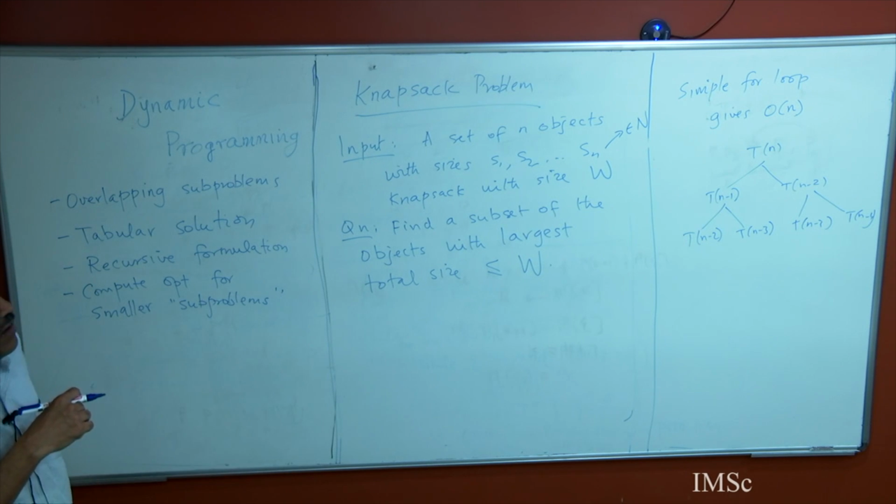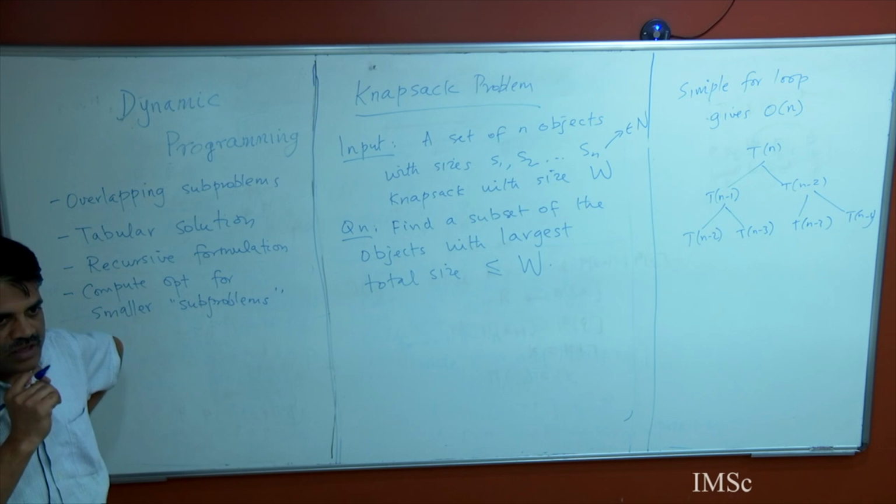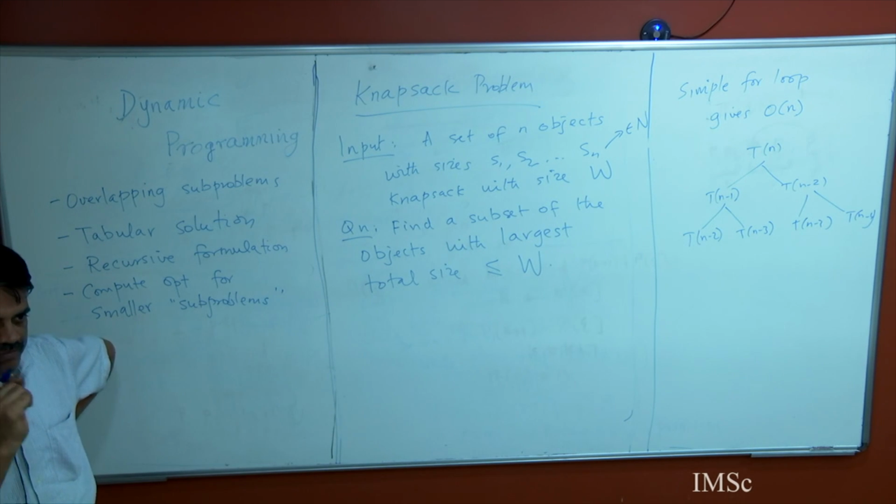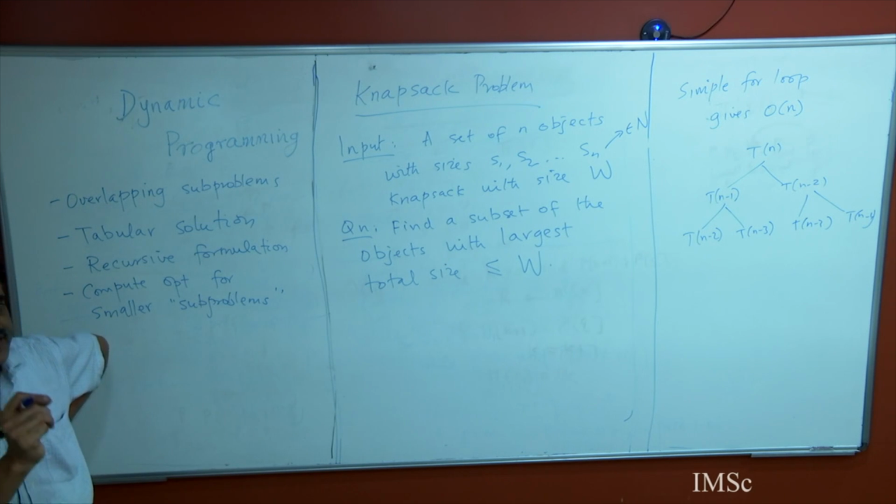So let's say there are these n objects 1 to n. Let me figure out, do I want to take object 1 or not? Okay, and then that will determine some subproblems. That will tell me what are the subproblems I have to compute.